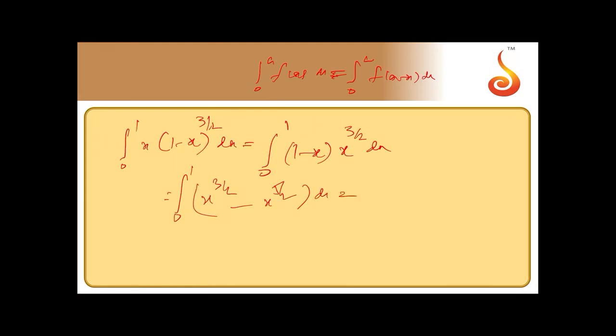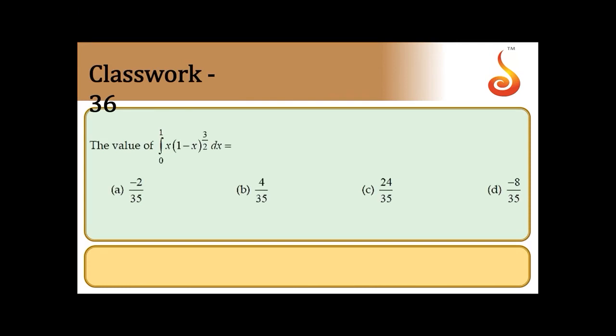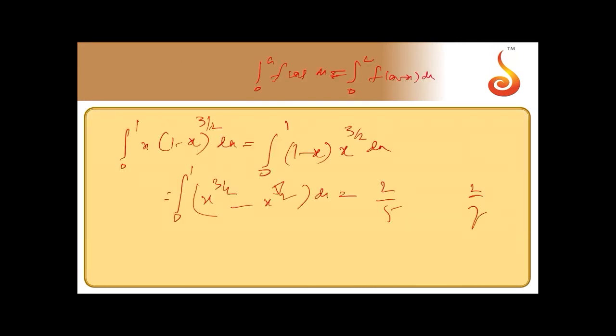Of course, adding 1 to the power, you'll be getting 5 by 2, so 2 by 5. The second one, 2 by 7, you get it. So 2 by 5 x to the power of 5 by 2, and this is 2 by 7 x to the power of 7 by 2, from 0 to 1.